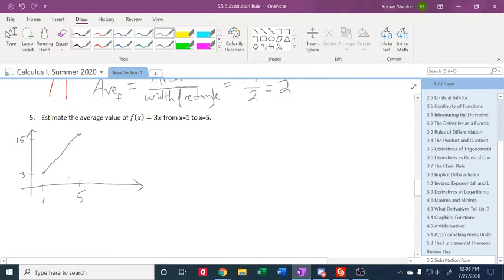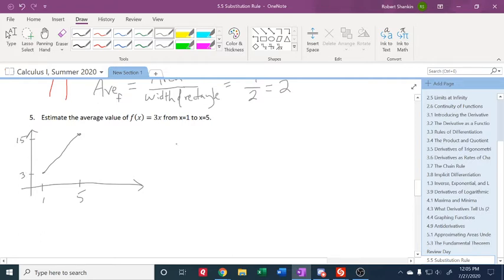Now I can find the average value of this one without using calculus because it's a straight line. The average value of f is halfway between the height of 3, which is its lowest, and the height of 15, which is its highest.